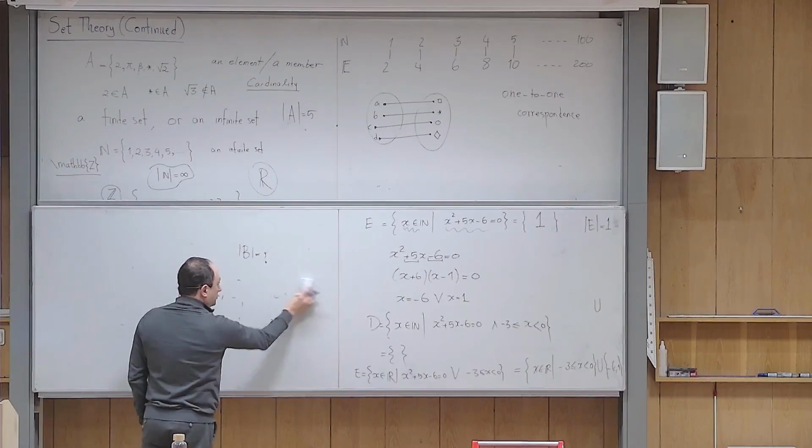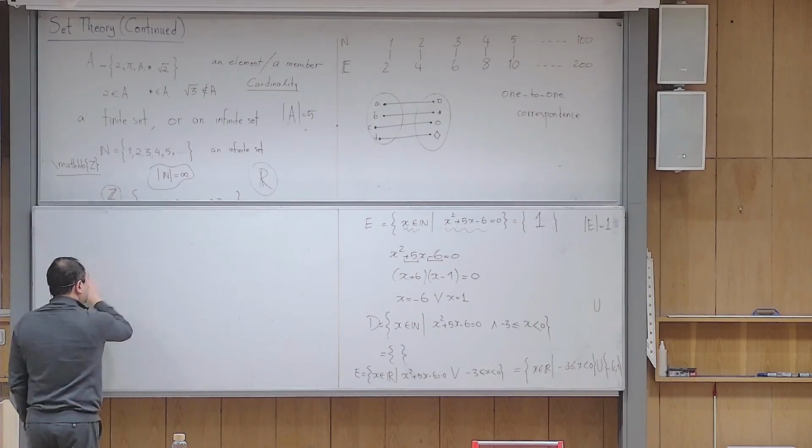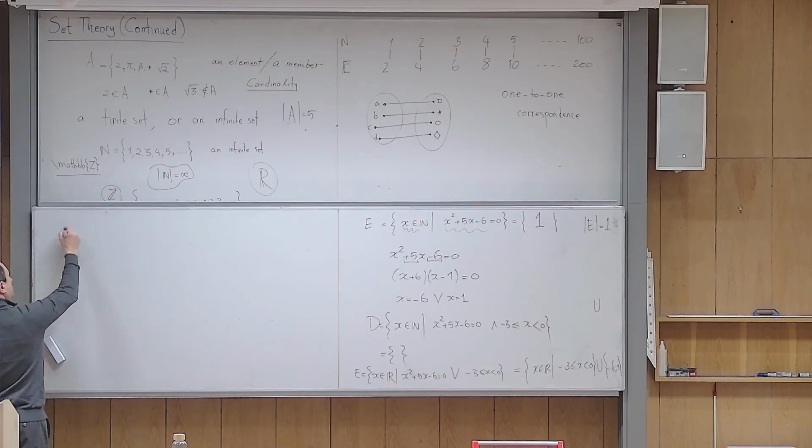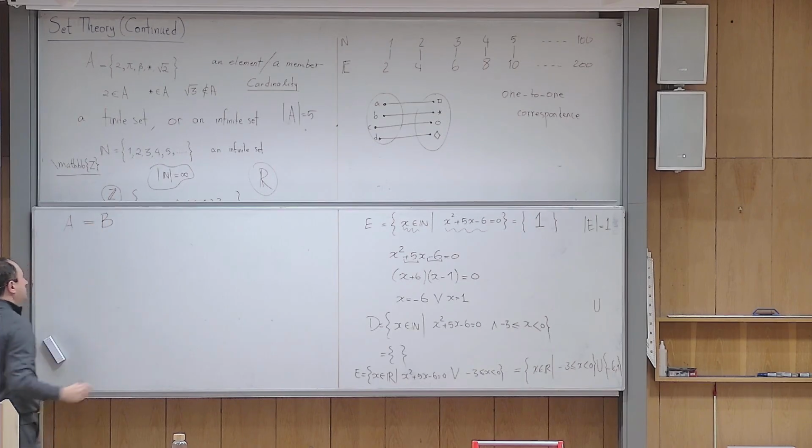Do you remember the notion of a subset? So I have two sets, A and another set B. First of all, let me ask you, when do we say that these two sets are equal? Yes? When all the elements are equal. This is not a good statement in the set theory language.